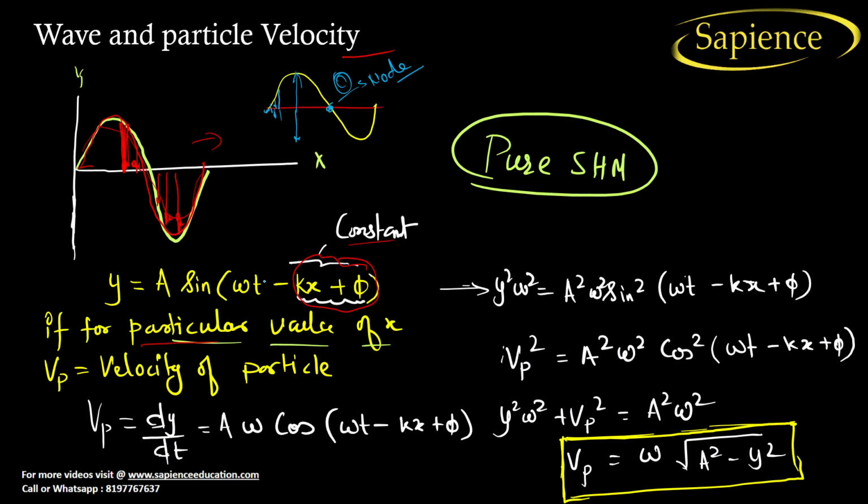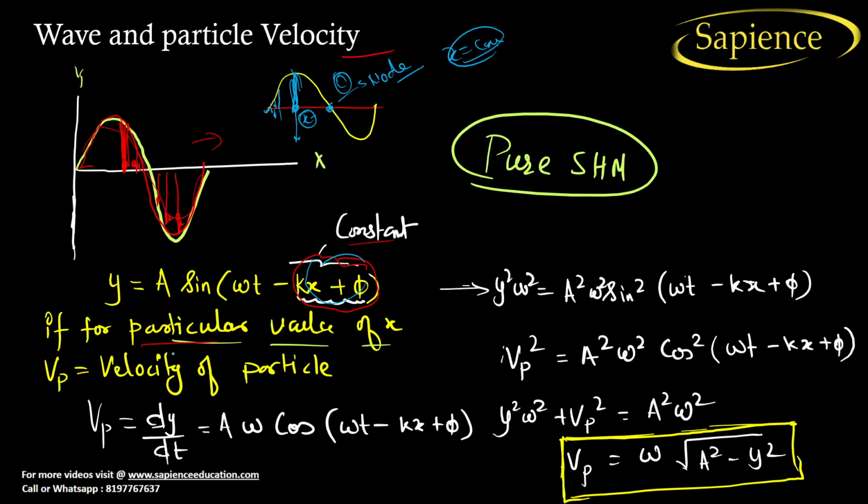Now if y is equal to a sine omega t minus kx plus phi, and I want to study the movement of this particle for a particular value of x, it means that x is a constant because we have the value, and I want to study the motion of this particular particle. So k into x is a constant, so finally we can treat it as a constant term only.